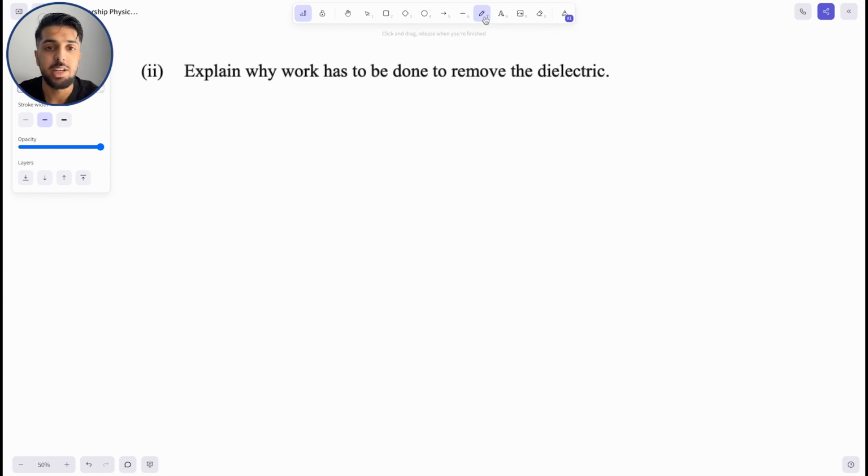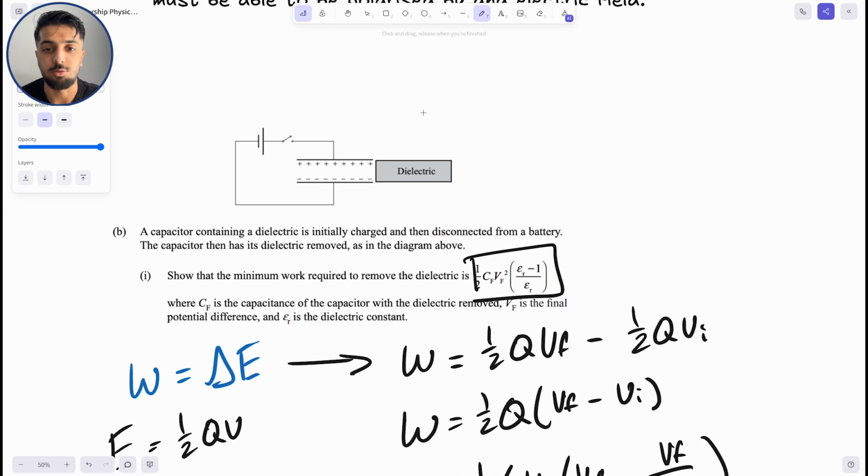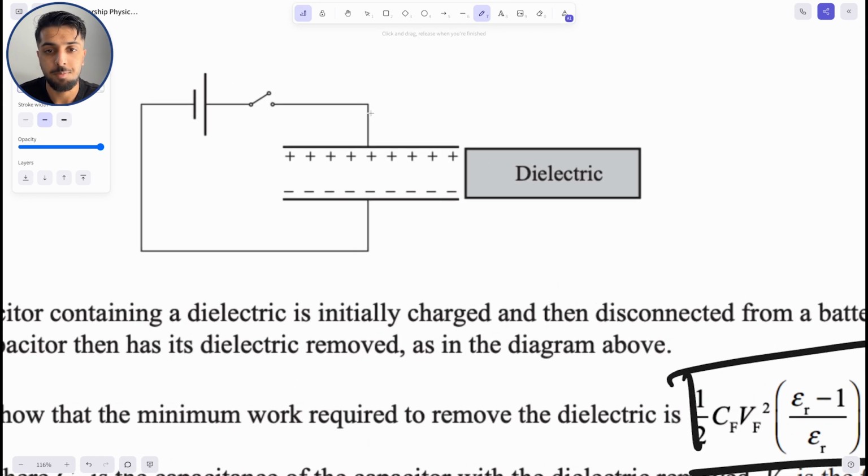There we go. Explain why work has to be done to remove the dielectric. Okay, so the reason why work needs to be done is because if we imagine the dielectric is inside the capacitor, right, like this, so the dielectric is within the capacitor.